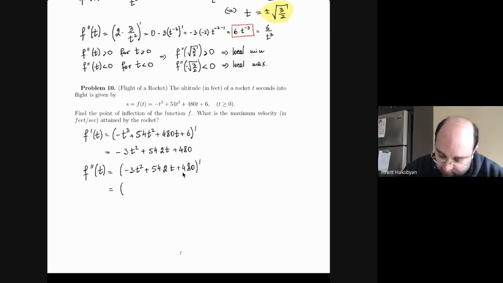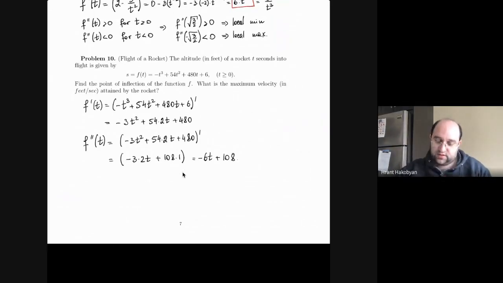So that's equal to negative 3 times 2t plus 54 times 2, which is 108, times the derivative of t, which is 1. So the whole thing is negative 6t plus 108. That would be my second derivative.